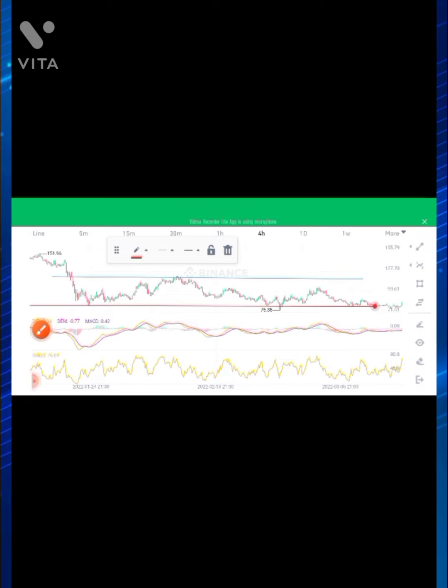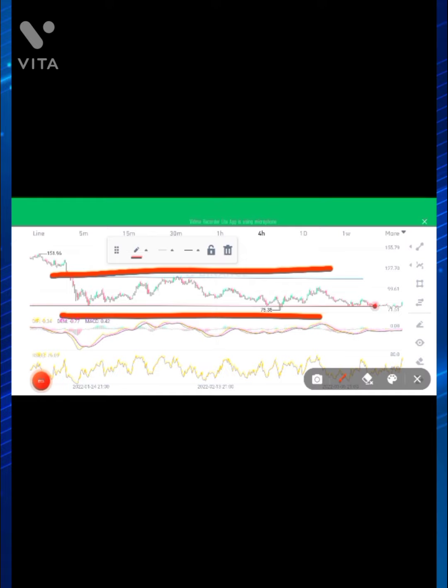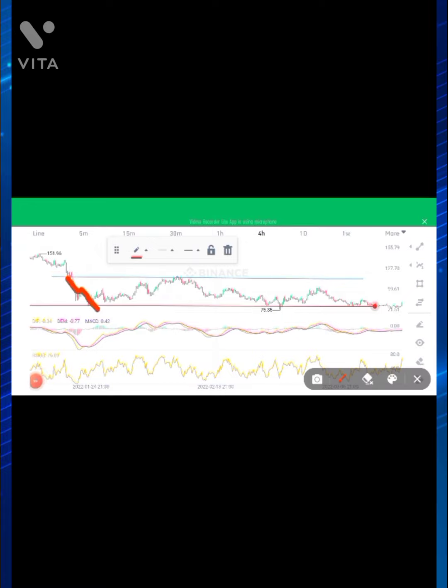What I mean by support and resistance is that these are zones, these are price zones. Here is a price zone, and this is a price zone down. You can see that when price was coming up from here, it touches somewhere down here and then it started going up.